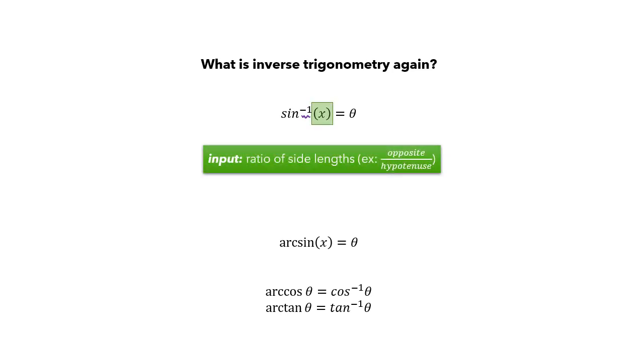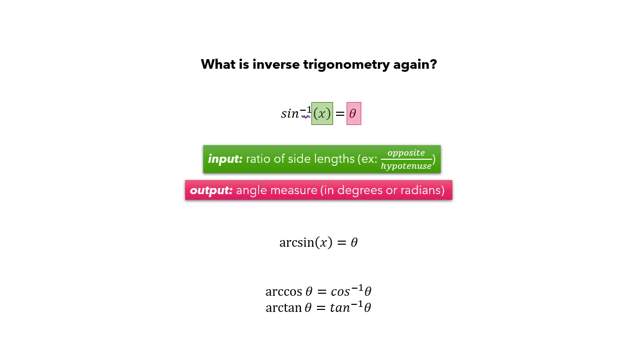That tells us that our input in a function like this is some ratio of side lengths. For inverse sine, that would be the opposite over the hypotenuse, the opposite of the angle over the hypotenuse for the angle. The output though is going to be some angle measure, and that's either going to be in radians or in degrees.